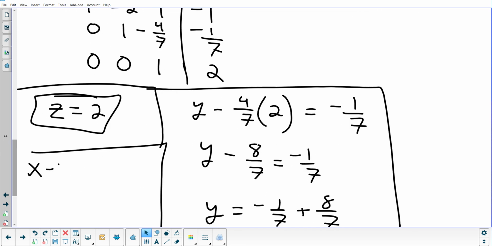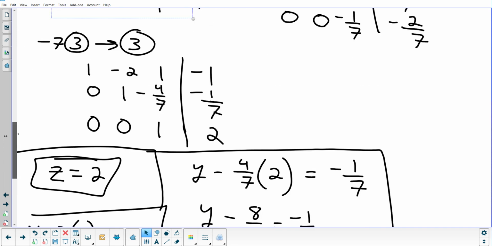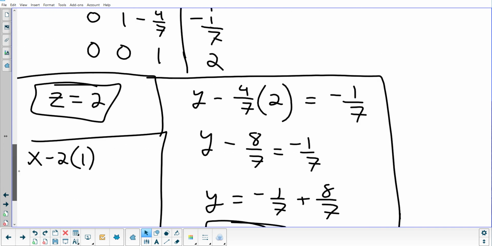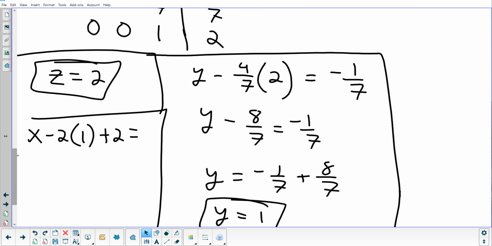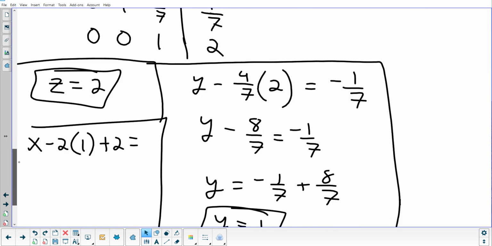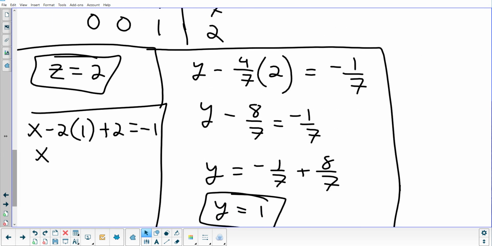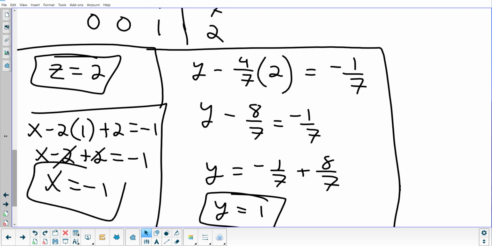X minus 2 times y plus z equals negative 1. So we're going to get x minus 2 plus 2 equals negative 1. That's fine. And we're done. X equals negative 1.